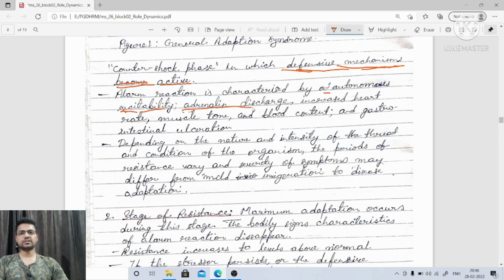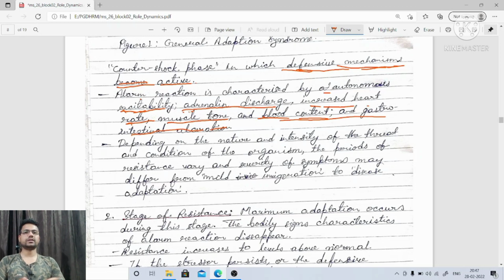In this stage the organism responds in the following ways: there is excitability in the organism, adrenaline discharge is also there, increased heart rate, muscle tone, blood content and gastrointestinal ulceration. So these are the characteristics.